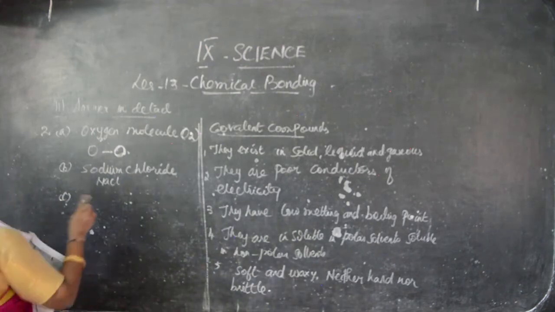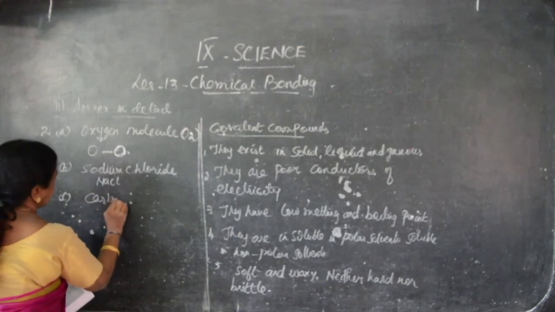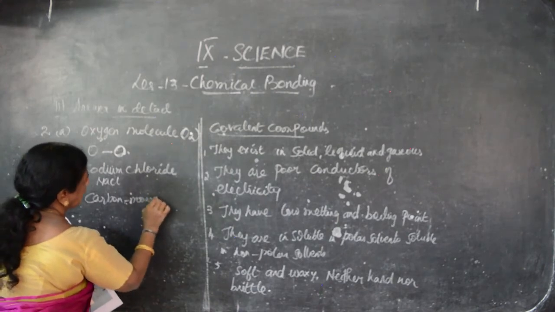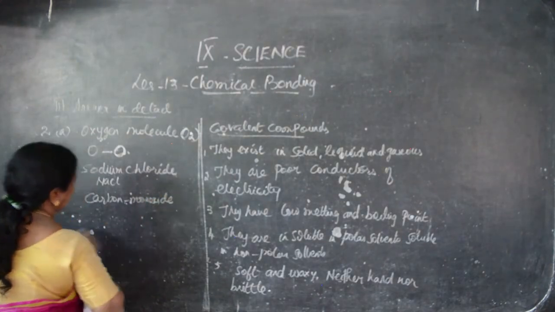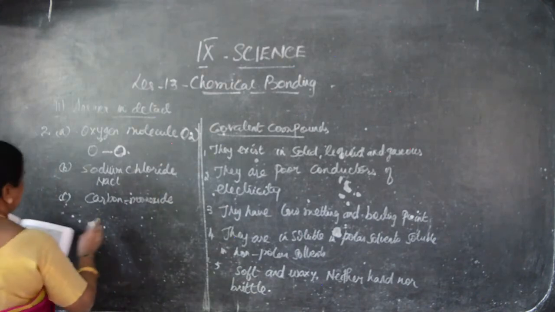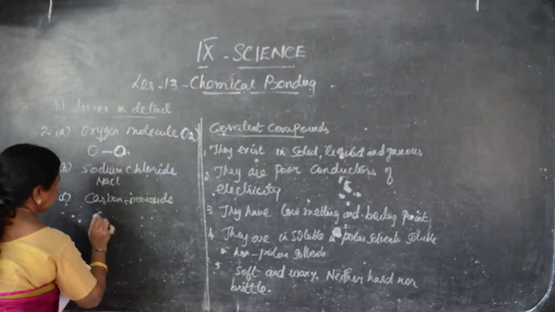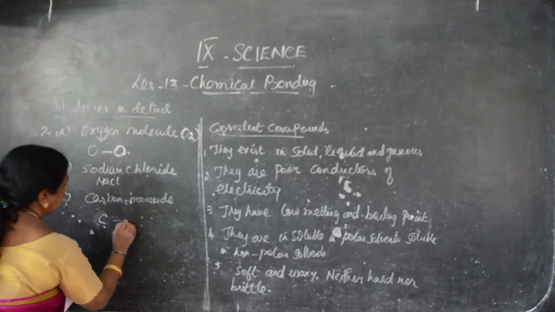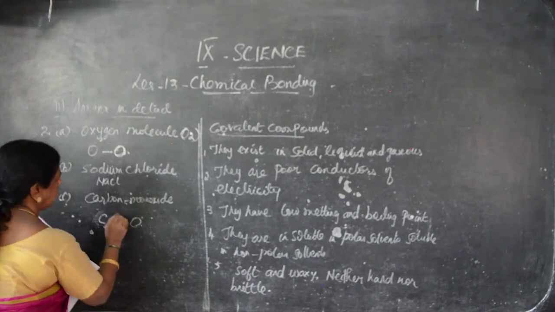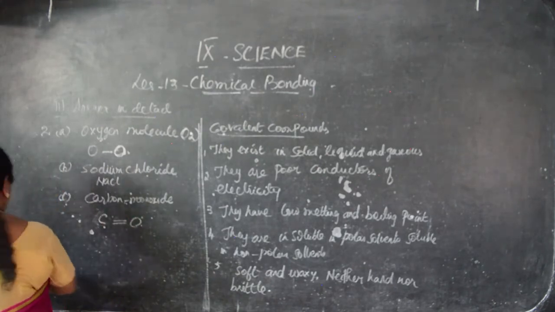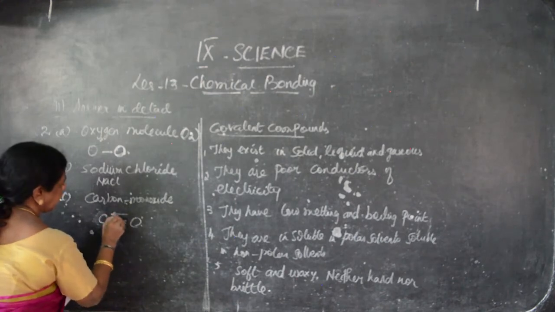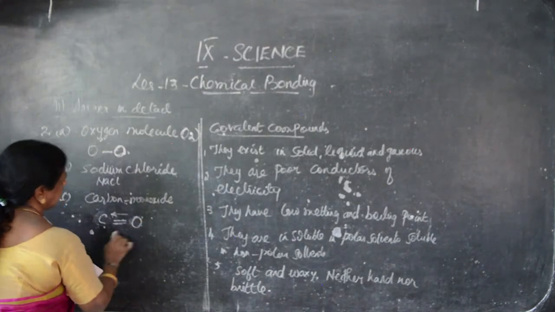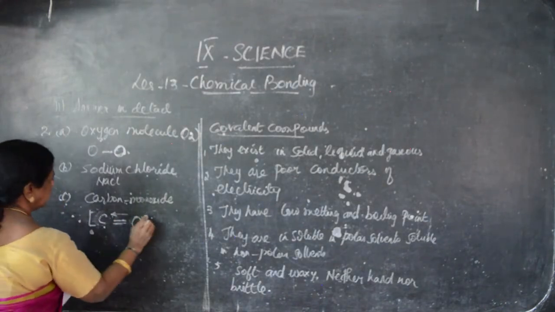That is carbon monoxide. Carbon monoxide, that is C double bond O. This is double bond. This is oxygen, carbon monoxide. Clear?